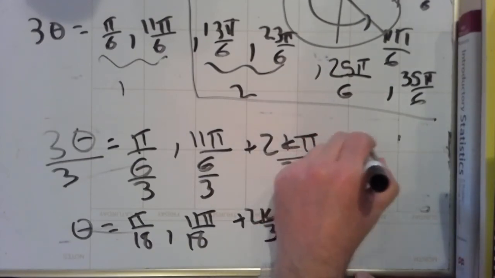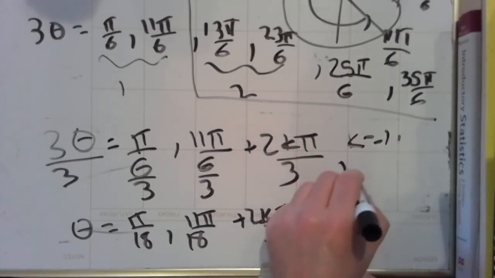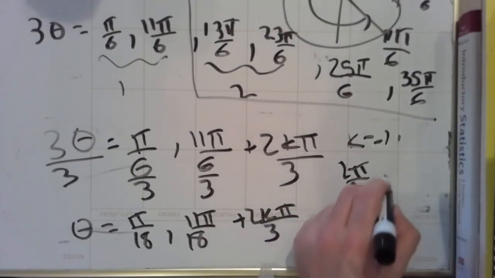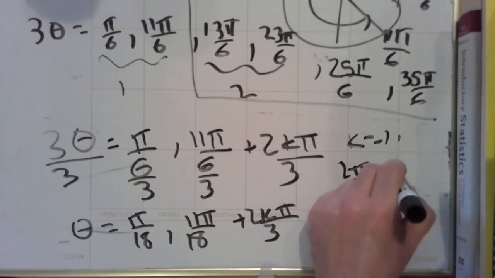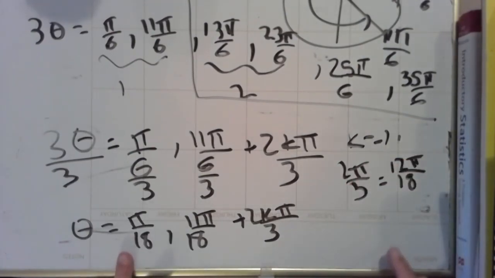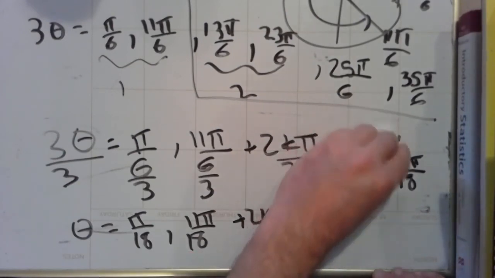K equals 1, I'll have 2 pi over 3, just 2 times 1 times pi over 3. If I want to turn that into 18s, that's 12 pi over 18. 1 plus 12 would be 13 pi over 18. 11 plus 12, 23 over 18. Then I have to do k equals 2.